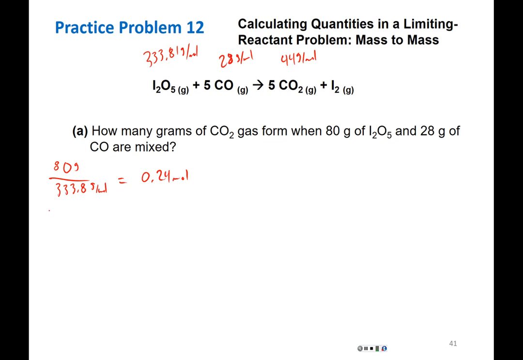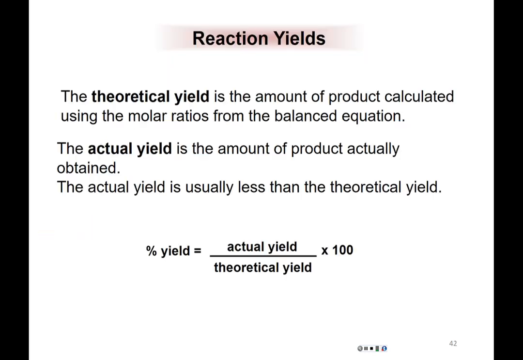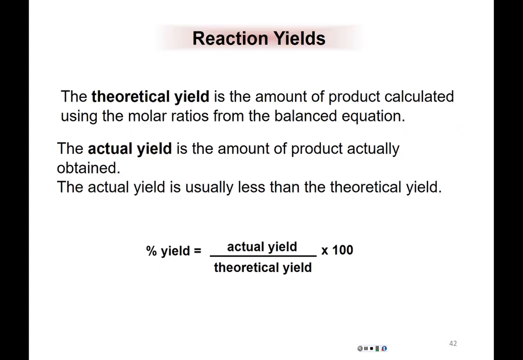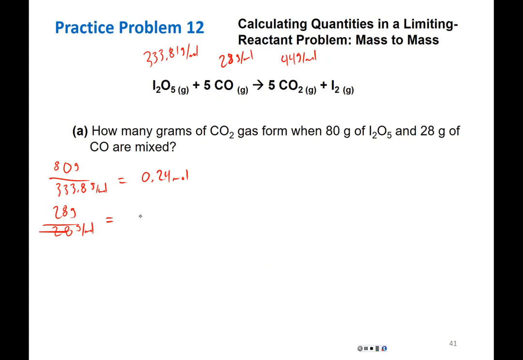For CO, we have 28 grams divided by 28 grams per mole, and that equals 1 mole of CO. Right, so now we've converted from mass into moles.